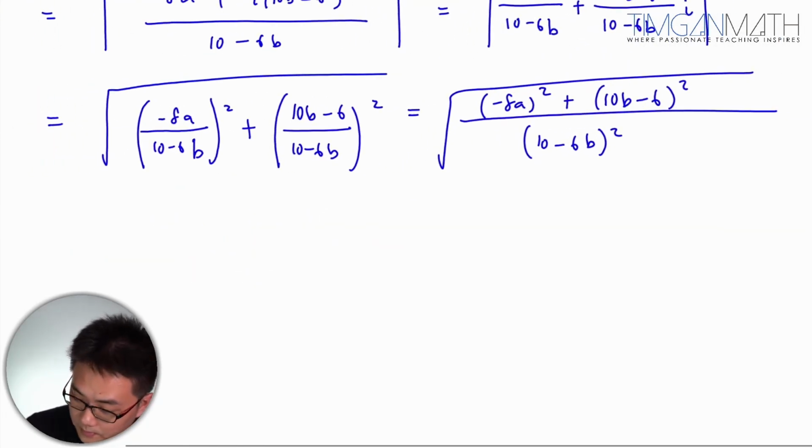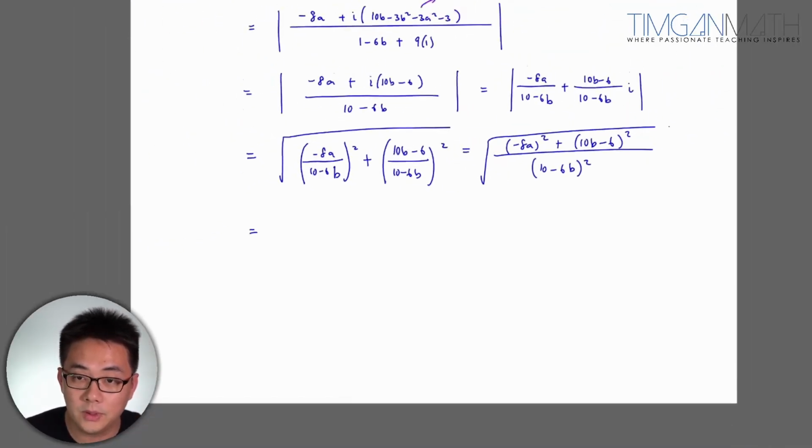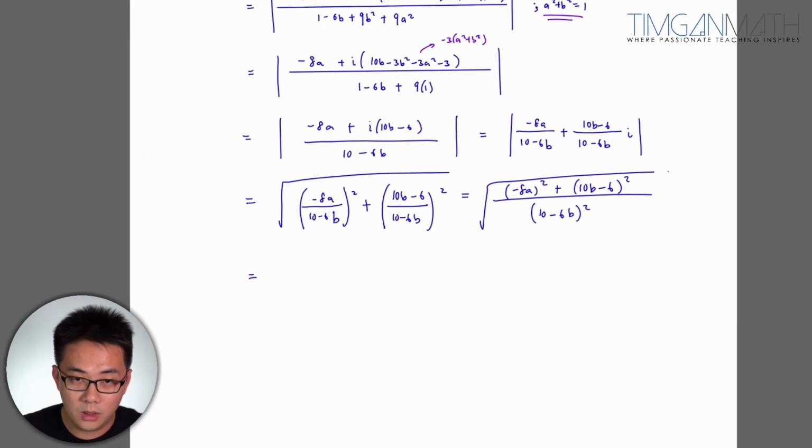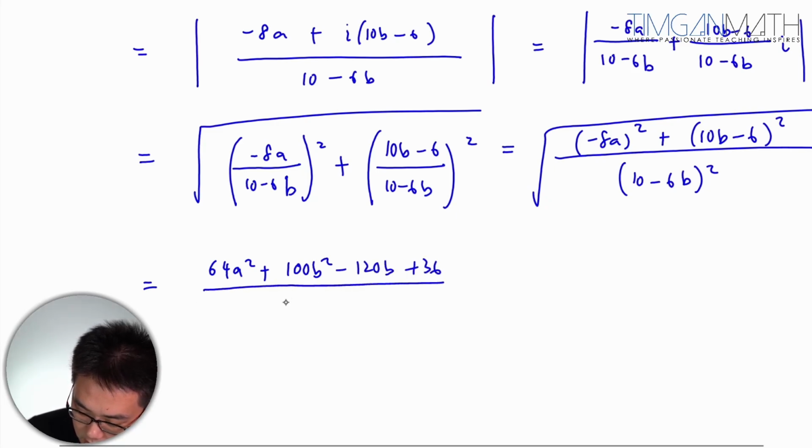So once done, this part, what I could do is I just expand it. Okay, great. So just continue on. Here would be 64a square plus 100b square minus 120b plus 36 over 10 minus 6b square.